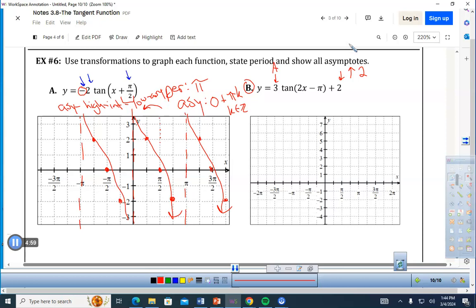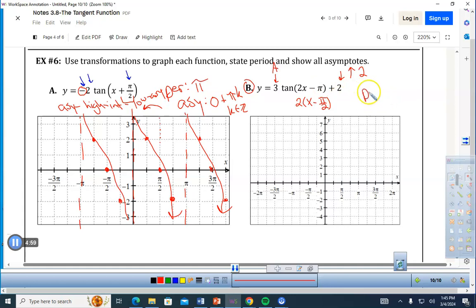Now, this is not set up in the same way I'm used to it. You have to think about it as 2 times x minus pi over 2, right? To get the proper shift. So I'm going to go right pi. You'll see. It's going to be wild. This one's going to be so fun.